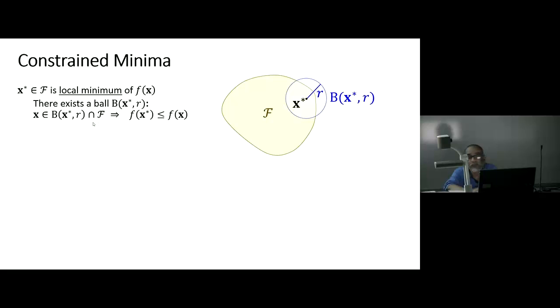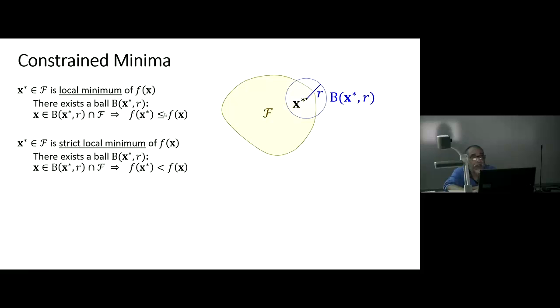For any point here, f of x star is always less than or equal to f of x. Take any point x here, not here, because this is infeasible. Okay, the intersection of these two. That's the definition of a local minimum.